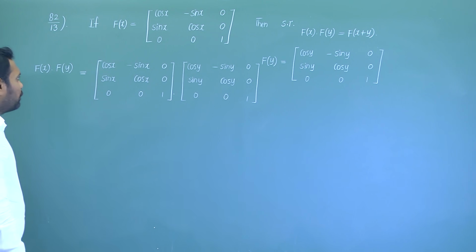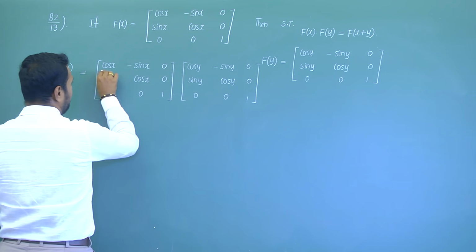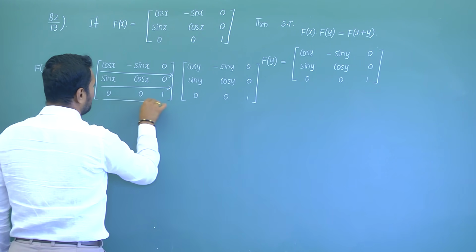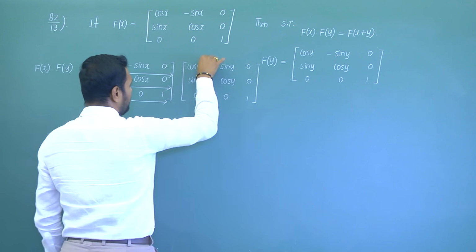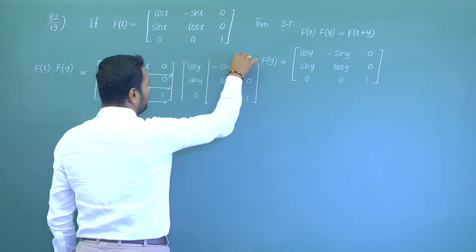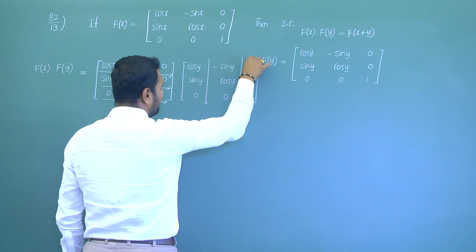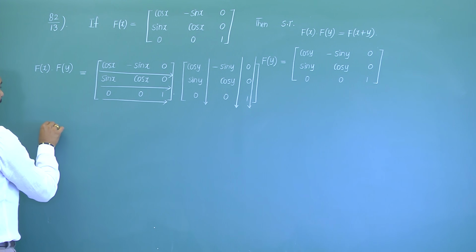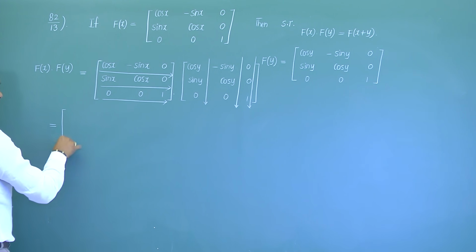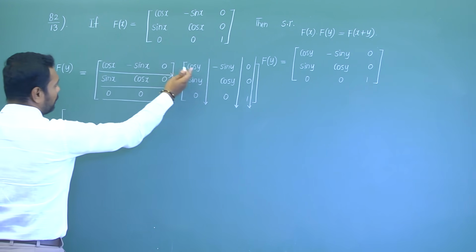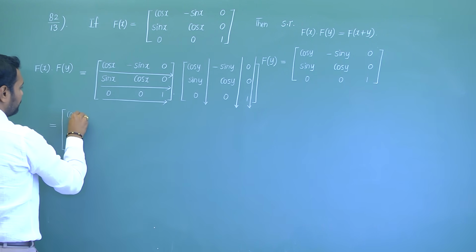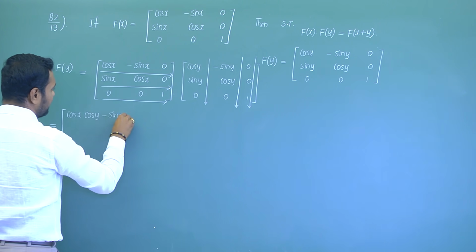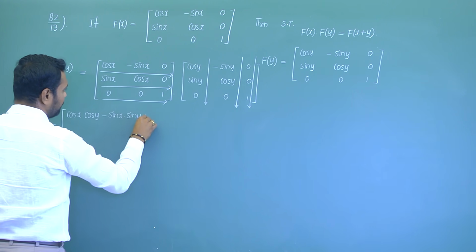If you multiply these two matrices, for the first matrix I need to draw horizontal lines. 3 horizontal lines are possible. For the second matrix I need to draw vertical lines, that is 3 vertical lines are possible. If you multiply the corresponding elements and add, then first row, first column element you will get cos x cos y minus sin x sin y plus 0.